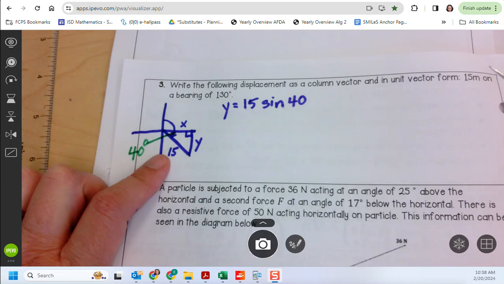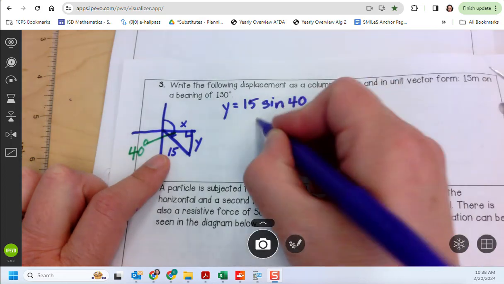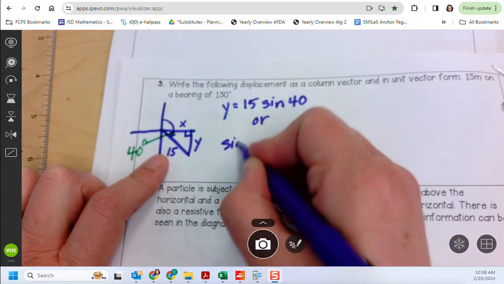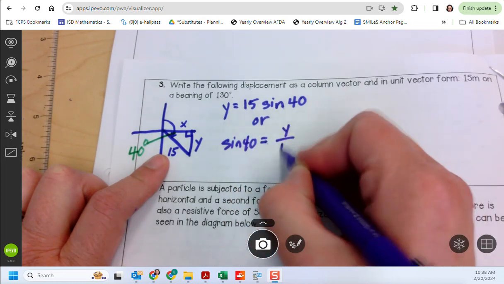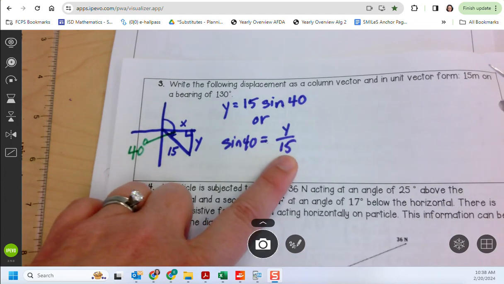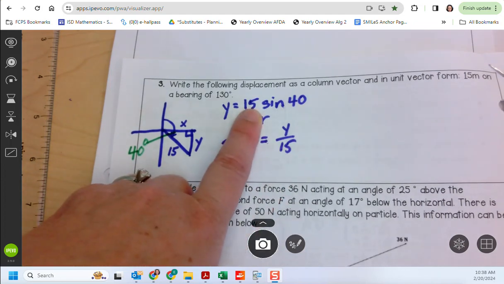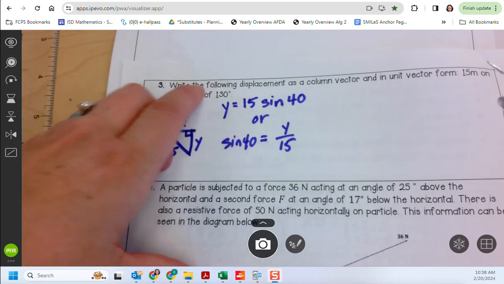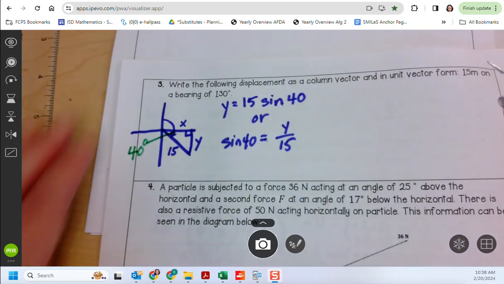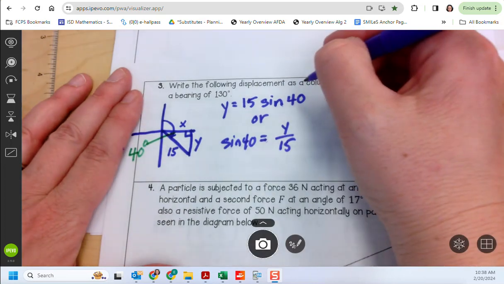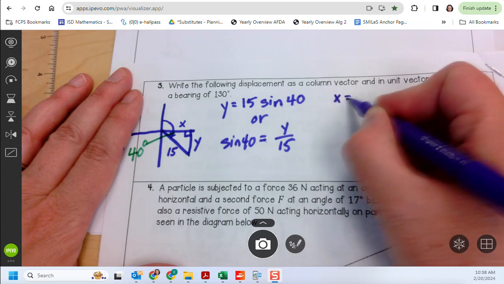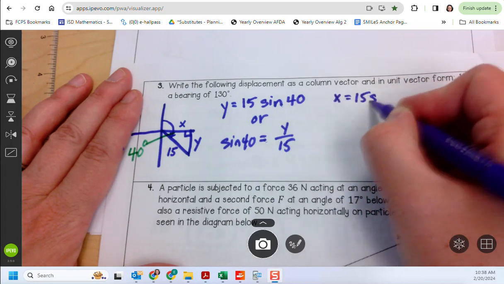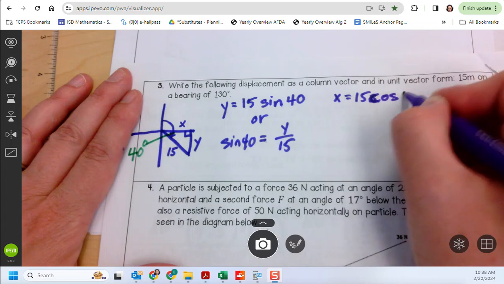Or I could have set that up as sine 40 is equal to y over 15, which if I set it up this way, it would just go back to this way. So this one you can put right into your calculator. And then we're going to do the x. 15 cosine 40.